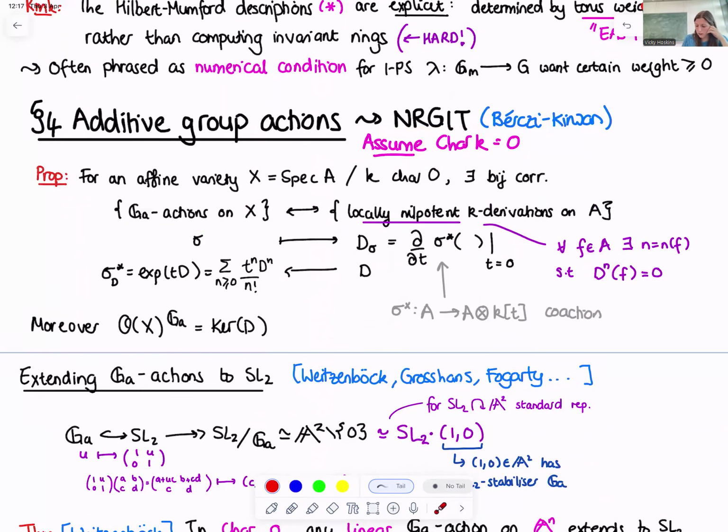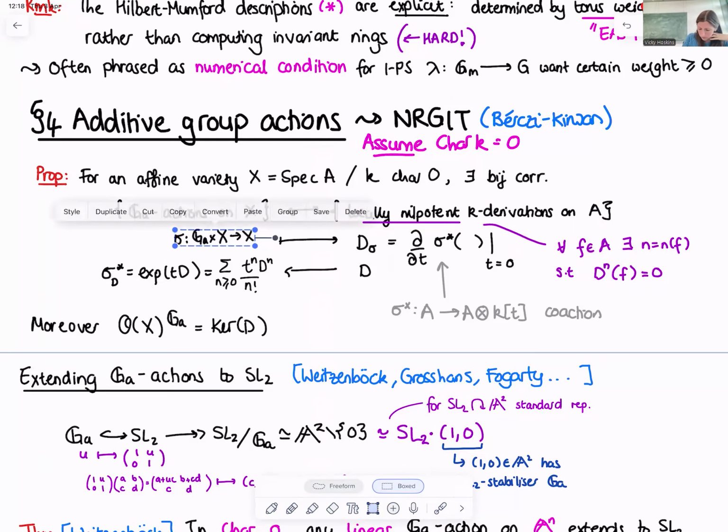Well, you take an action, which I'm thinking of as a morphism from GA cross X to X. And you can consider the associated coaction, which is an algebra homomorphism. And then you take the derivative with respect to t, this coordinate on GA, and you evaluate it at t equal to 0, and this will give you now an element in A.